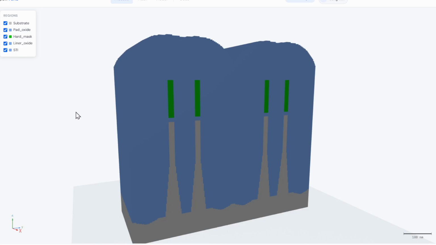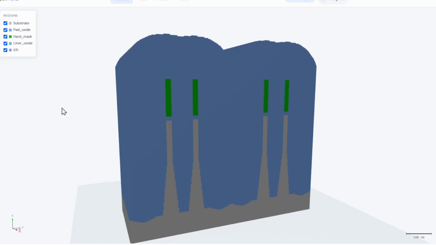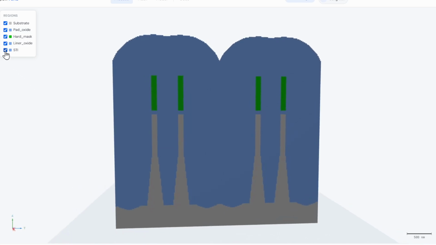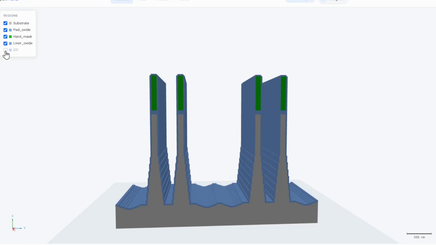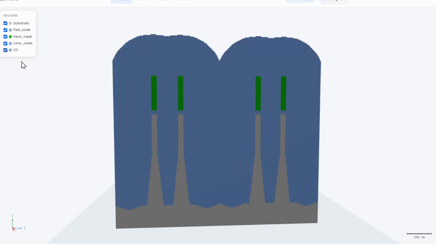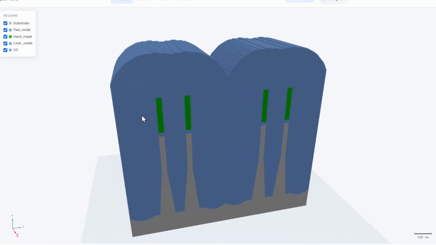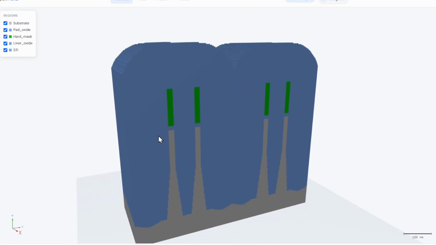And we introduce STI, shallow trench isolation. Previously there was only liner oxide, and by depositing also isotropically, now we have STI. But of course, the purpose of this STI is not covering the entire structure. We have to make some partial isolation.